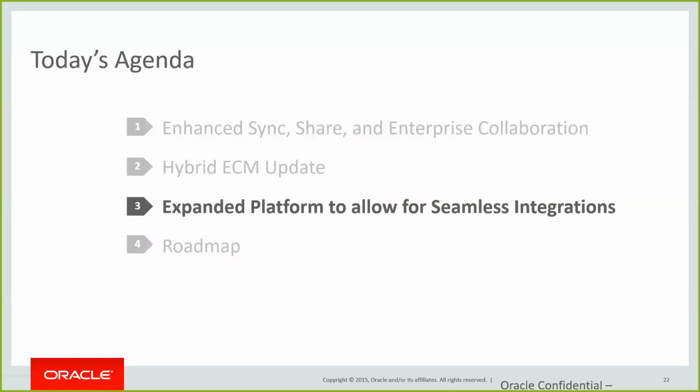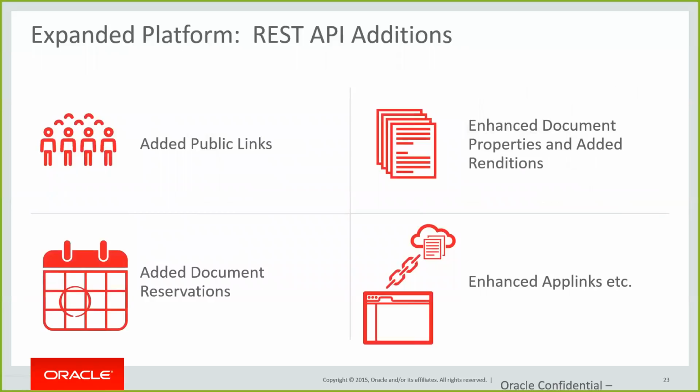And finally, a couple of words about the new features that were added to the development platform. So we have already a rich set of REST services. We have a rich API available to work with Documents Cloud Service. So for example, our REST services allow us to create folders, to upload documents in those folders, to delete files, delete folders, copy files between different folders, move folders around.